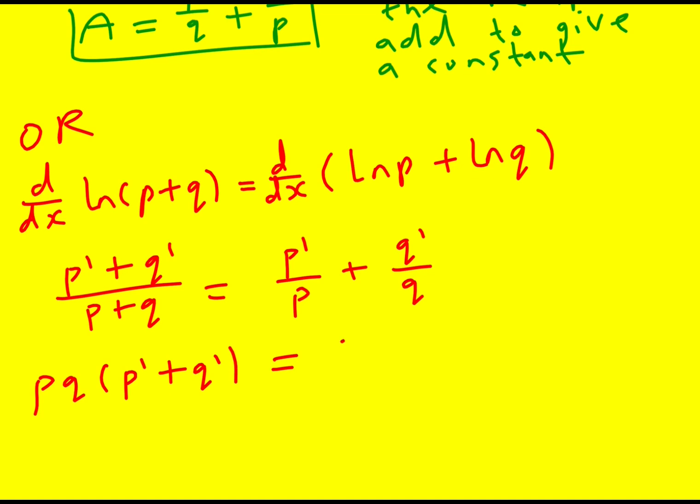And then over here, I'm going to have P plus Q. When I times this by the denominators, I'm going to get P dash Q, and over here, I'm going to get Q dash P. I hope that makes sense. Right, need to multiply this out.